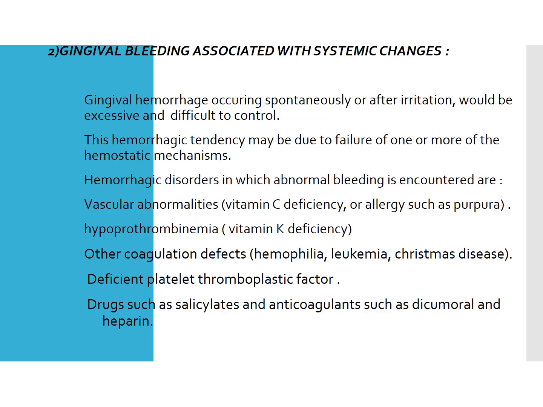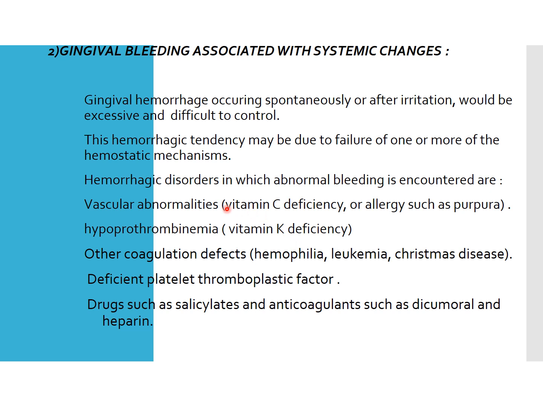Then coming to gingival bleeding associated with systemic changes, there can be different systemic factors that lead to gingival bleeding. This gingival hemorrhage can occur spontaneously or due to any other irritation, and it will be excessive and difficult to control. This tendency is mainly due to failure of one or more of the hemostatic mechanisms.